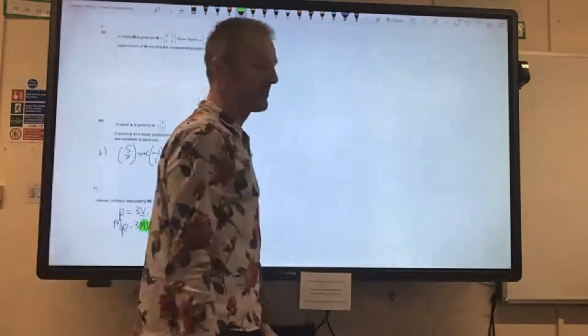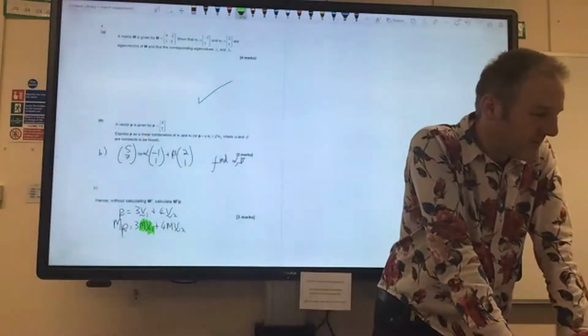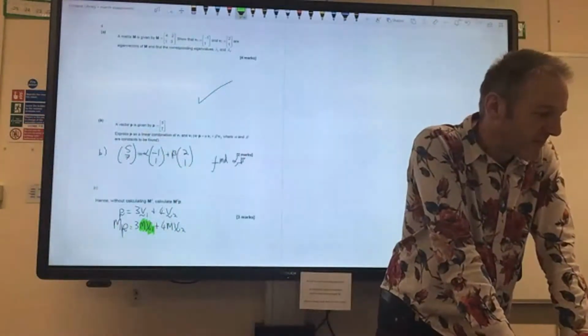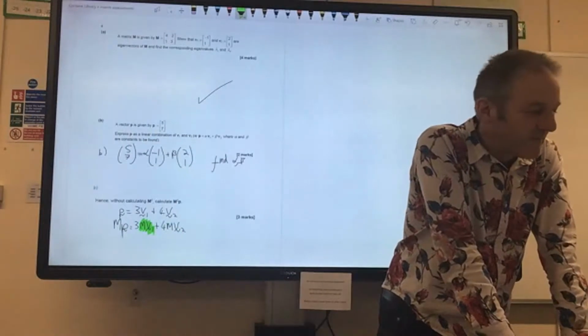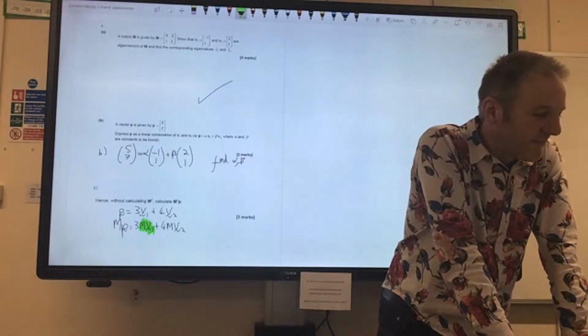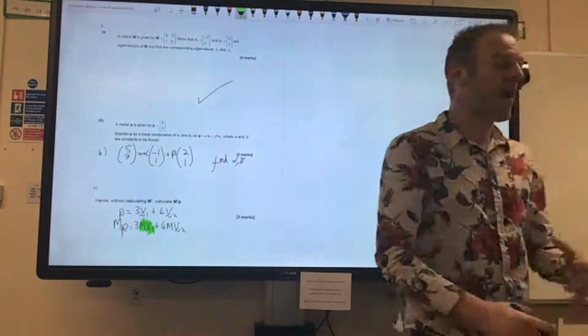Come on, what's special about matrix M times the vector V1? You get the vector that is also in line with V1. Yeah, because V1, the point is V1 is an eigenvector.